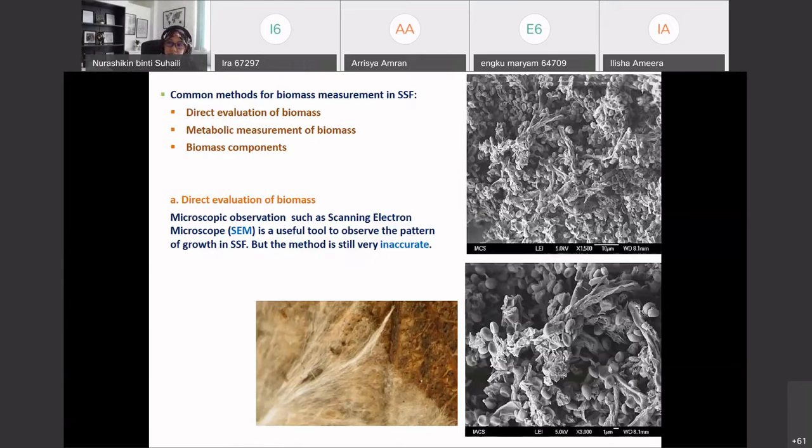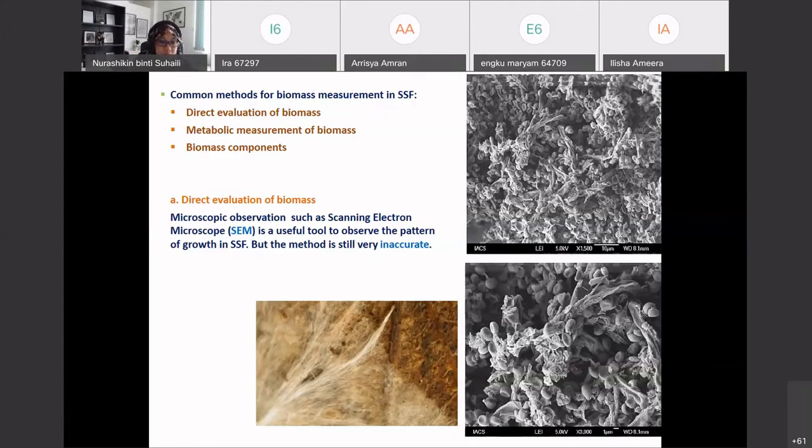You have to analyze by yourself how well the growth is. Perhaps it can be a qualitative measurement, but in terms of quantitative measurement, it's a bit tricky, because you cannot really measure exactly the dimension of the filaments under the microscope.